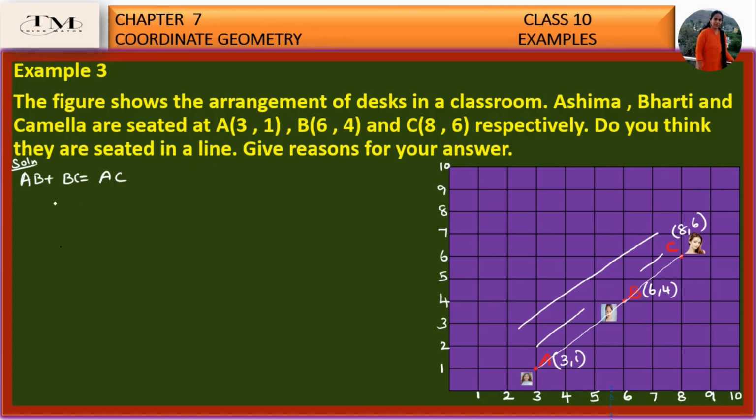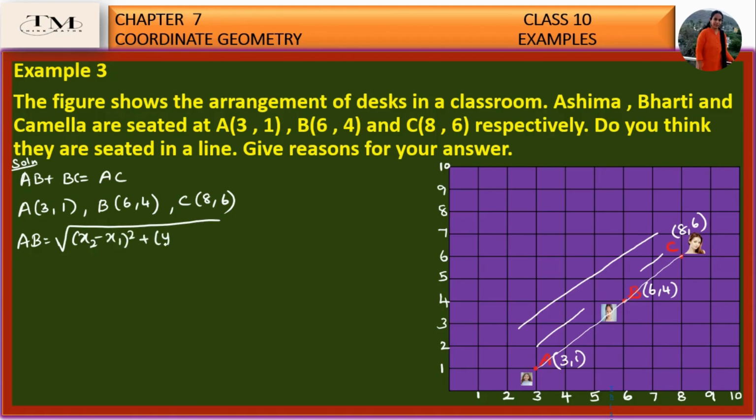Okay. So let us check this. A is (3, 1), B is (6, 4) and C is (8, 6). So what is AB? AB is equal to square root of, the formula is (x2 minus x1) whole square plus (y2 minus y1) whole square.